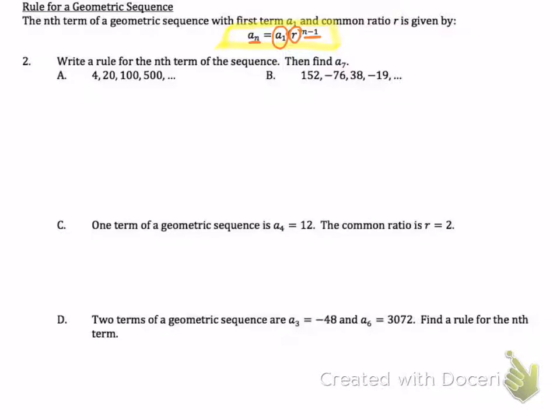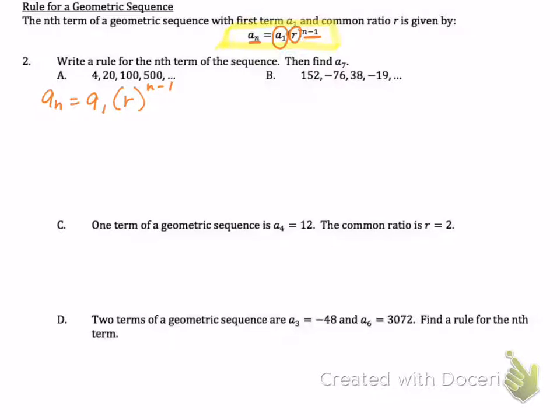So if I look at A for number 2, I'm going to fill in what I know. So if I write the generic formula, a sub n equals a1 times r to the n minus 1. I need my first term, which is 4, and then I also need my ratio.